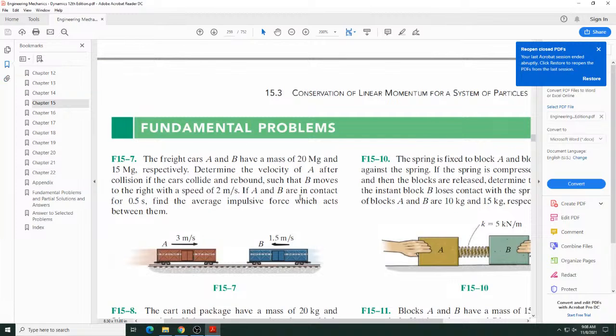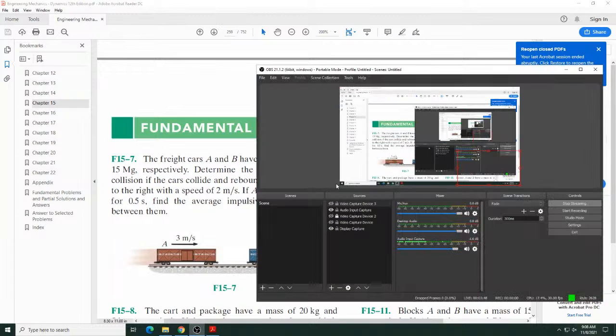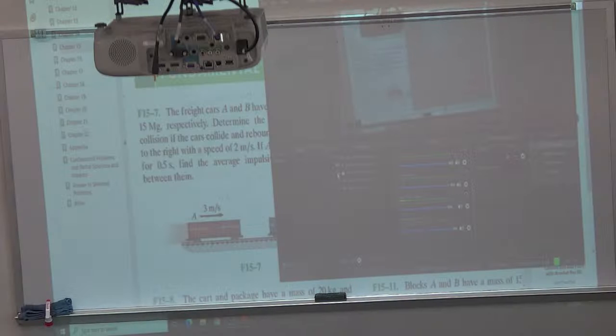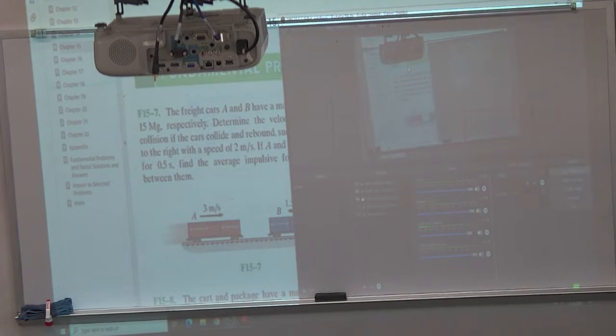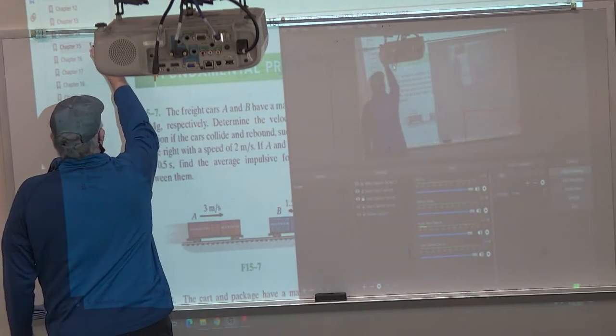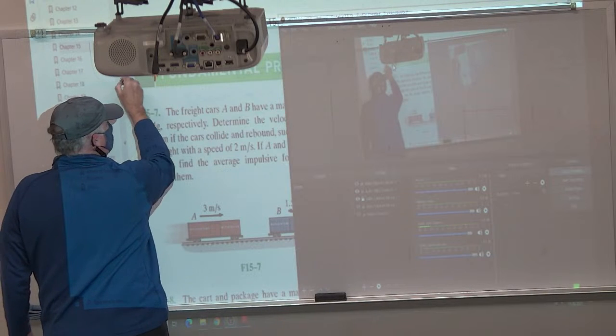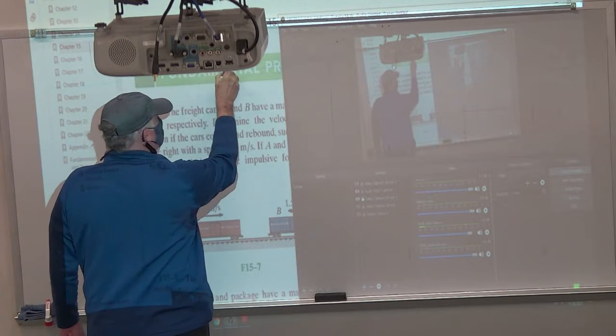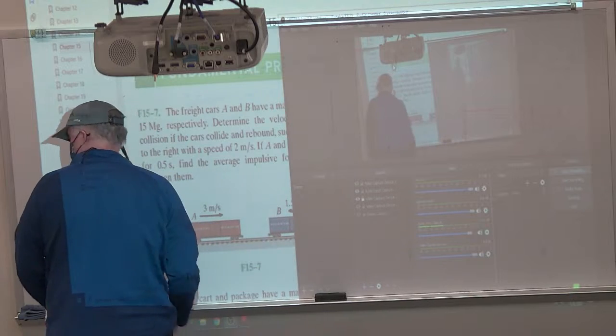Okay, let the projector come up. We will put this on, and we will remember that a portion of the screen is unusable. Right here. Okay, we have no marker.